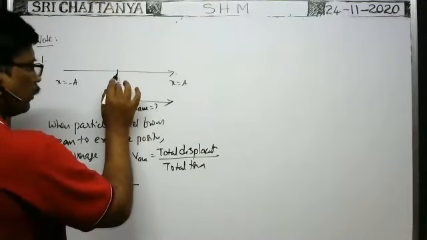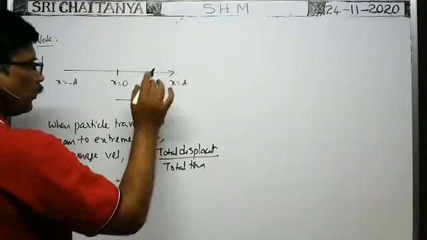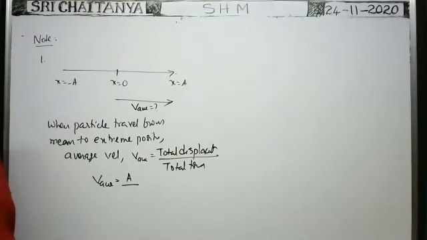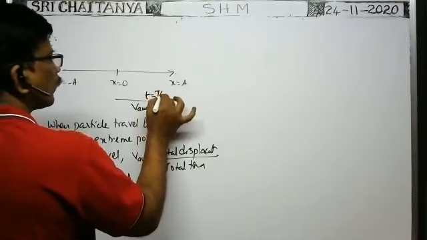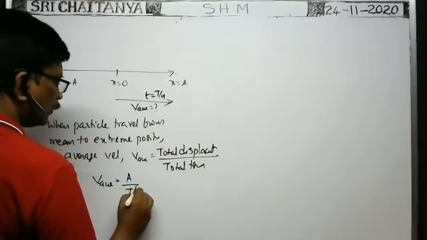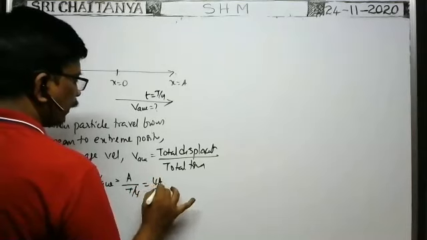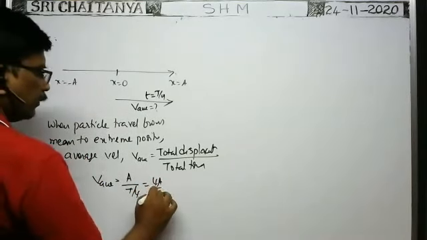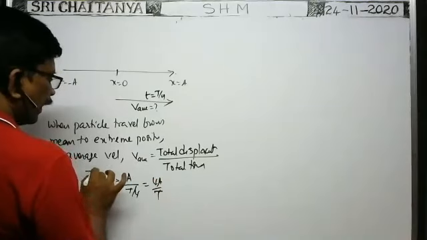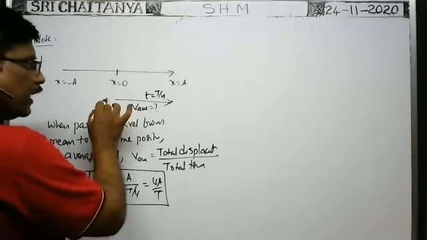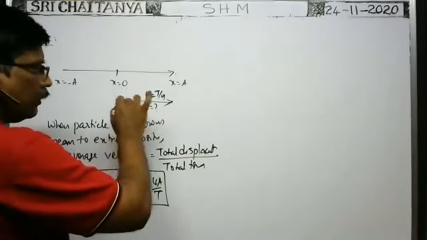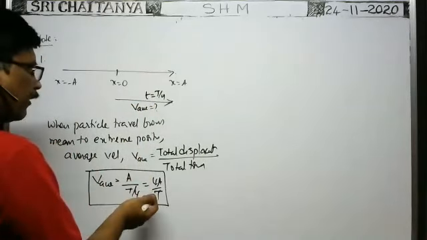What is the time taken by the particle to travel from mean to extreme position? T by 4. So you write T by 4. That is equal to 4a by T. This is the formula for average velocity. Average speed is also the same, because the particle travels along the same straight line path, in the same direction only. That's why average velocity and average speed are both the same.